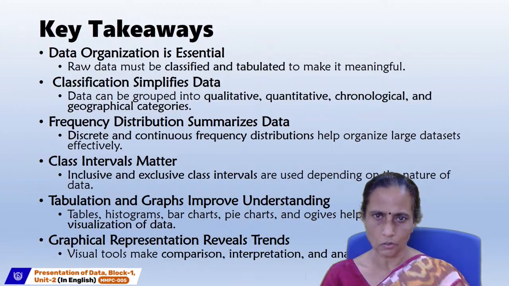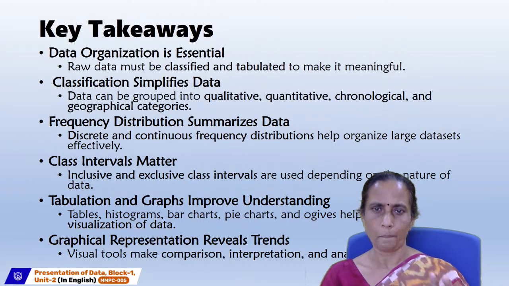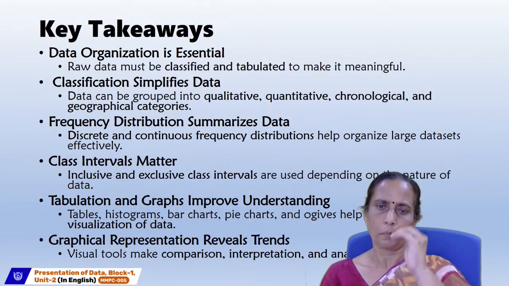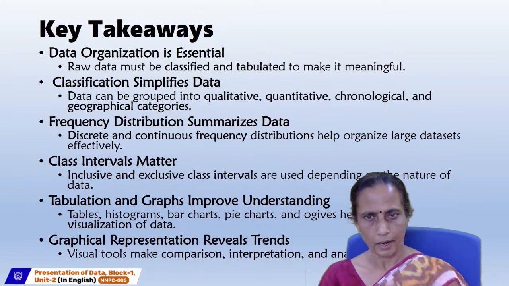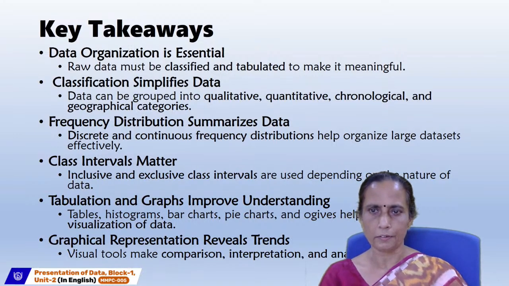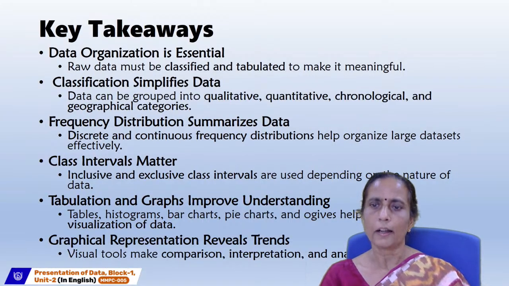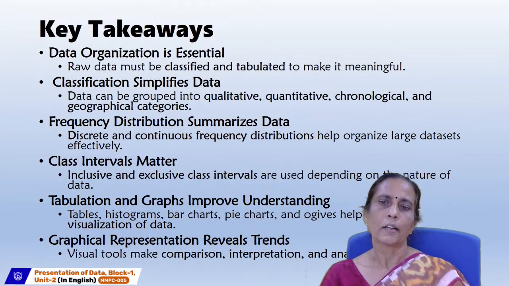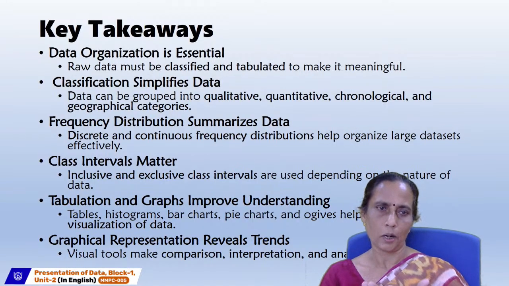Suppose by age, the number of people who are above the age of 50 and so on is quantitative data. And if we categorize our data according to the time of occurrence, then we are classifying as per chronological classification.